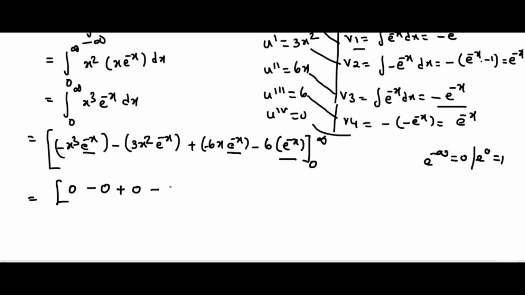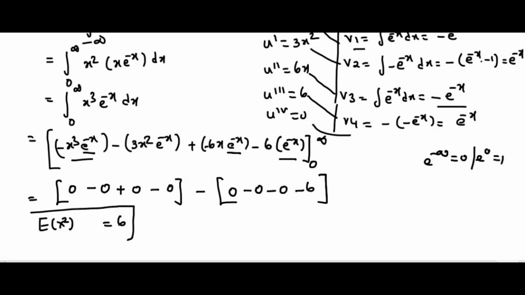Therefore the upper limit will be 0. Coming to the lower limit, substitute x equal to 0. The first term is 0, the second term is 0, the third term also 0. In the fourth term, 6 into e power 0 is 1, so we get only minus 6. Minus 6 into minus, you get plus 6. So this is E of x square.